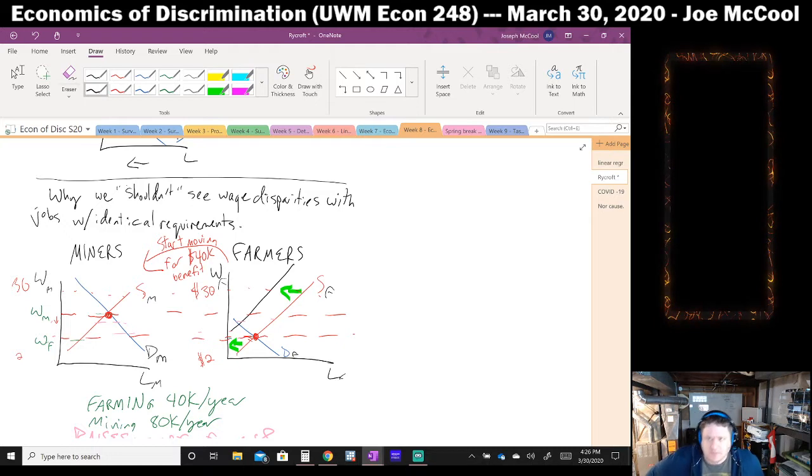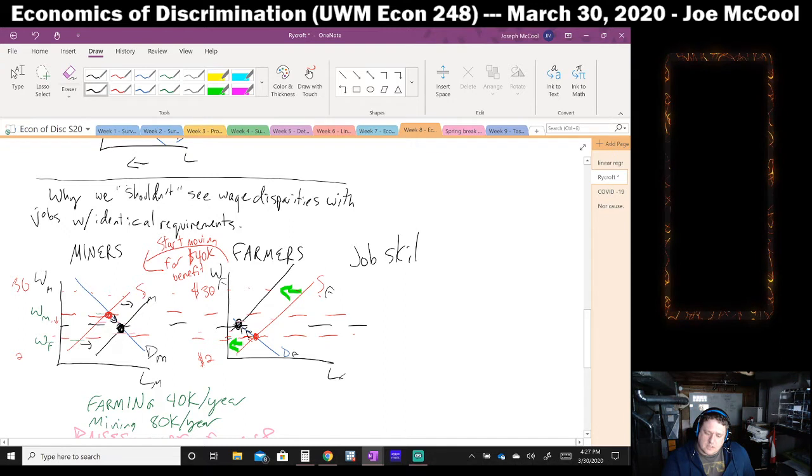They left to become miners. Now the supply of miners has increased, so these guys move over to here. And eventually we would expect to see a new equilibrium between these two, where it pays exactly the same to be a miner as it does to be a farmer. So we have wages moving down for miners and wages moving up for farmers, because the job skills are so similar.